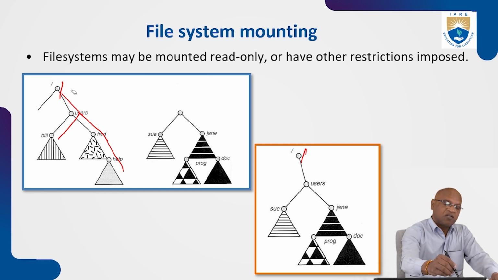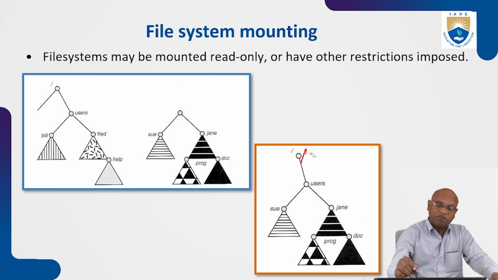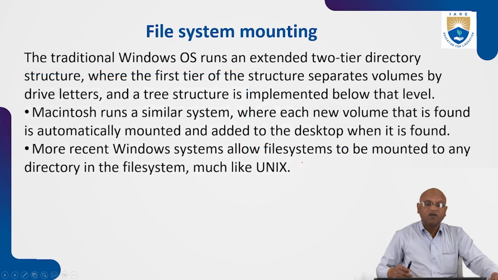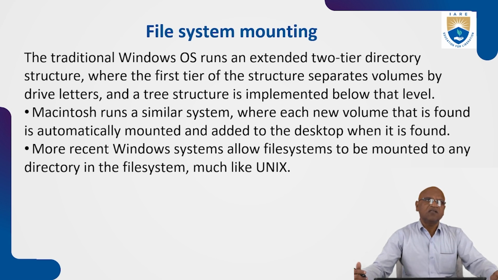There are already programs in the OS to manipulate the files and directories and maintain the file system mounting. The traditional Windows OS runs on an extended two-tier directory structure. We have already seen that.